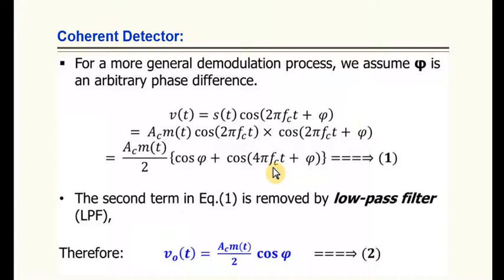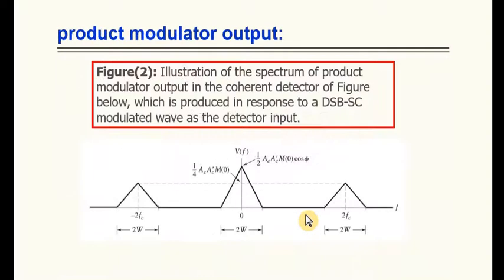So we will be left with AC M of t over 2 times cosine phi. Therefore V out of t is equal to AC M of t over 2 cosine phi. Before, in the ideal case when phi is equal to 0, we don't have this factor cosine phi. Now let us see what is the effect of cosine phi on V out of t.